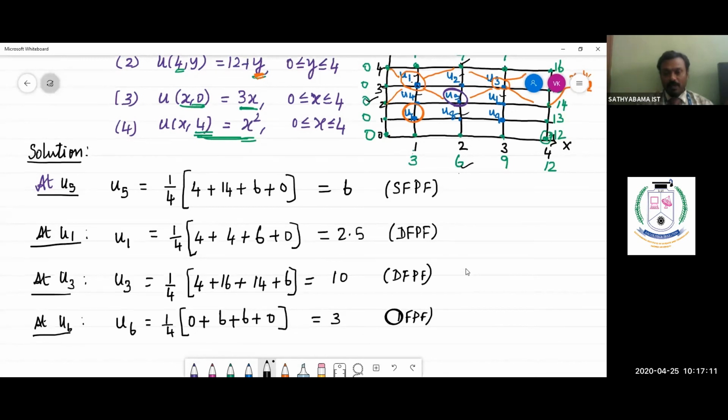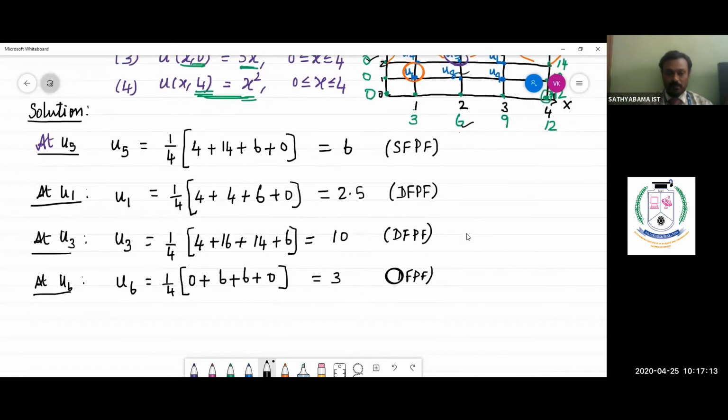Next we go for U9. So at U9, applying the diagonal 5-point formula, we have 1 by 4 into the diagonal values.